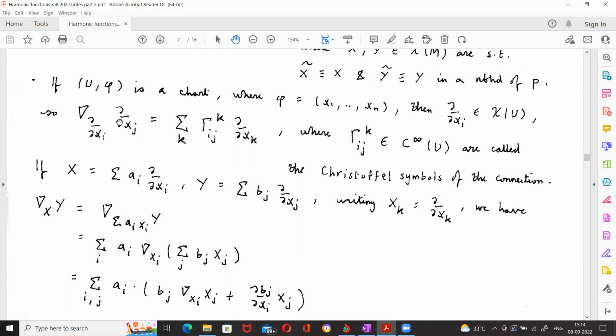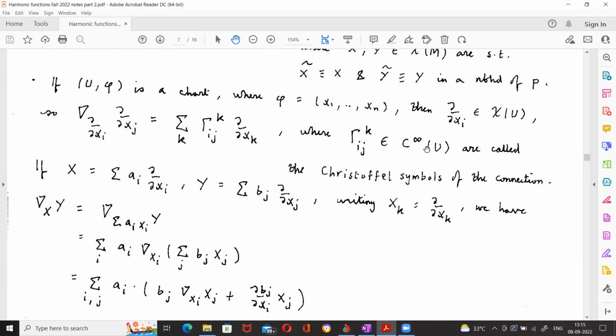Applied to these vector fields, it's going to be again a vector field on U, and any vector field on U is a linear combination of the del/del xk's with coefficients which are smooth functions. These will depend on i, j, and k, so these are written as Gamma_ij^k.